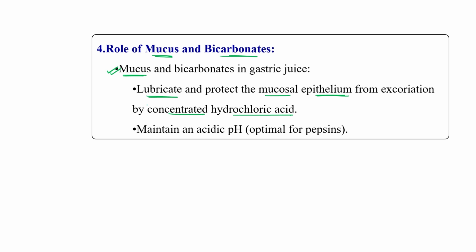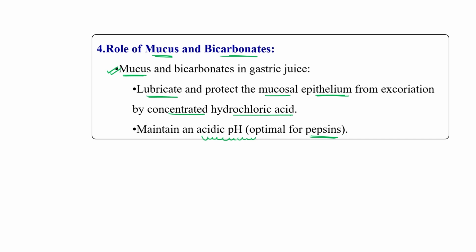As concentrated HCl is released by the stomach, what is the pH of the stomach? The pH of the stomach is acidic in nature, and because of that, it is suitable for the activity of pepsin. So to activate pepsin, HCl must be there.